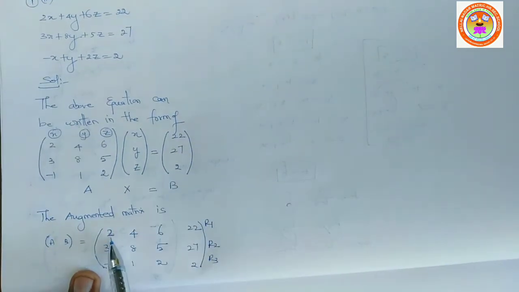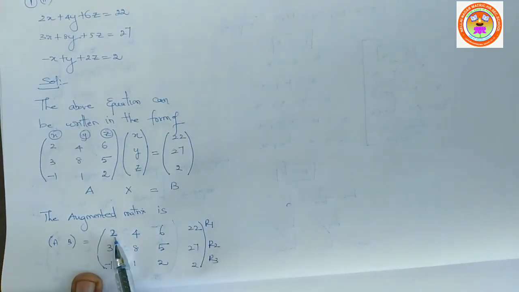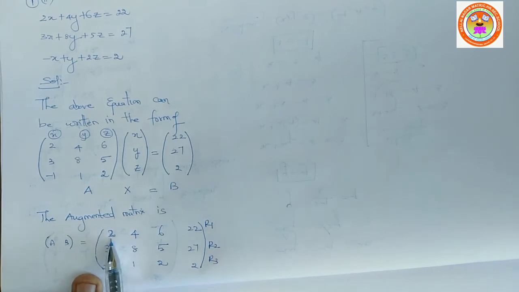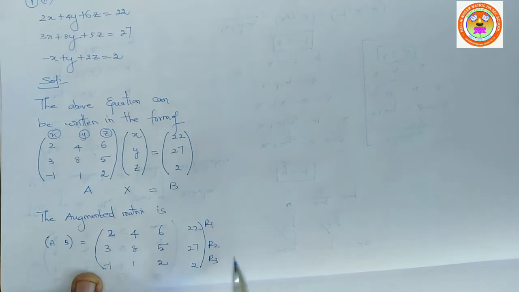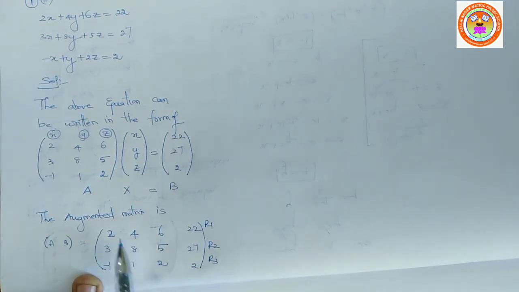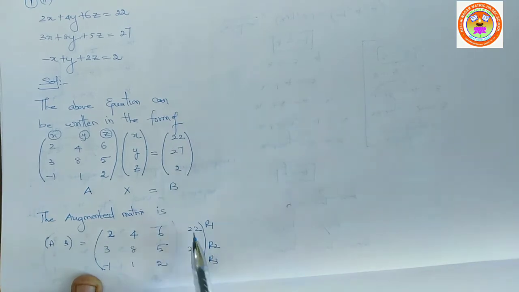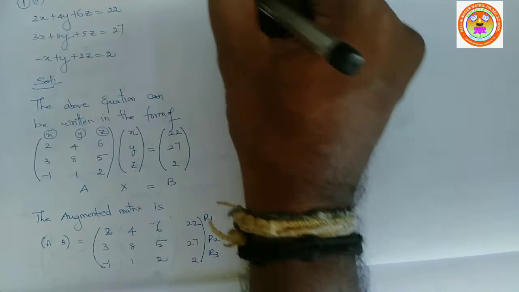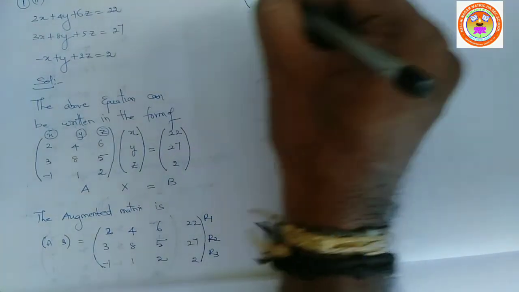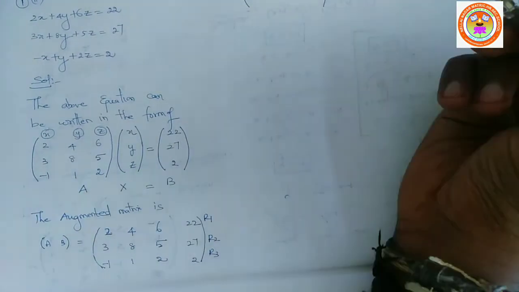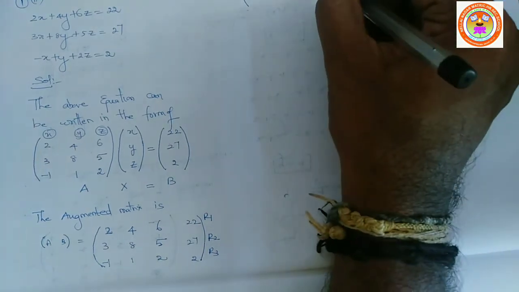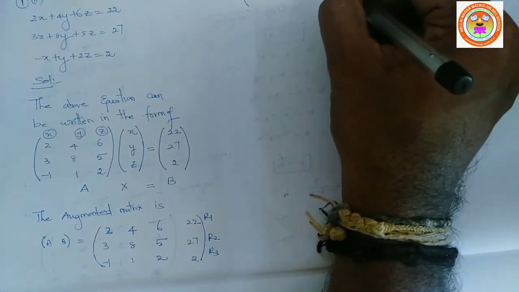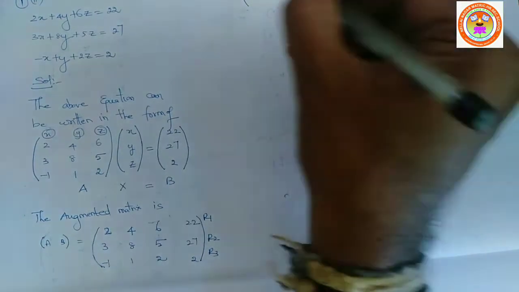In R1, the first element, A11, should be 1 but it's 2. So I am going to divide 2, 4, 6, 22. Totally this R1 can be divided by 2. No other element is divisible, but this one is possible, divide by 2. So R1 tends to R1 by 2. There is a change only in R1, so leave R2 and R3 as they are.